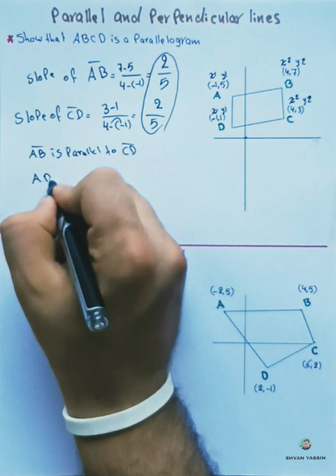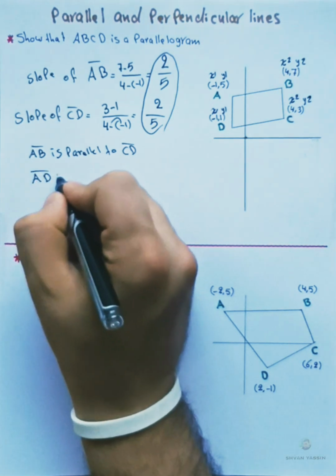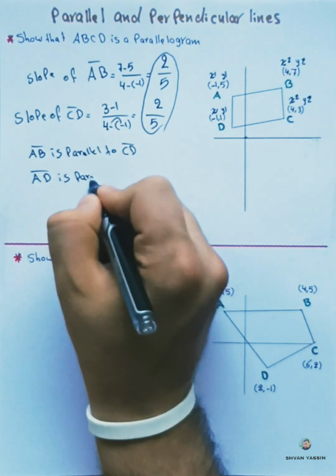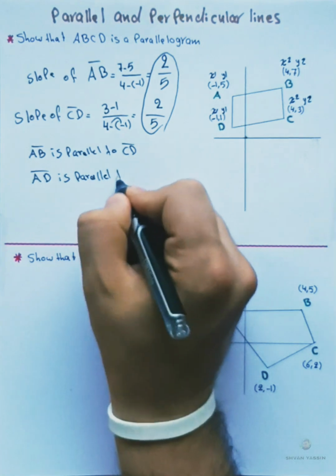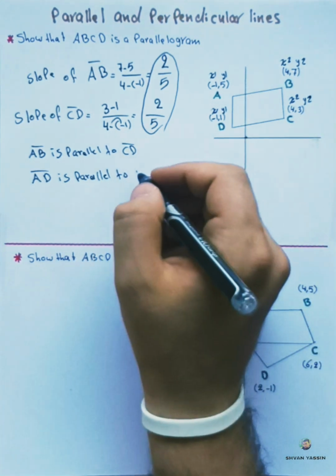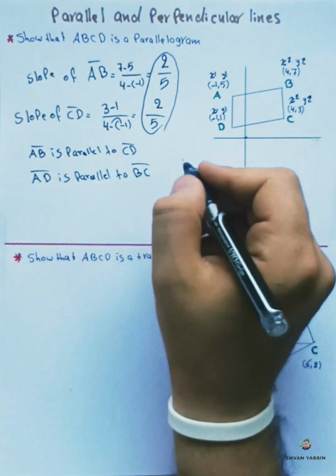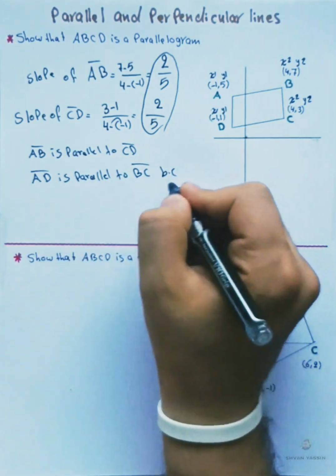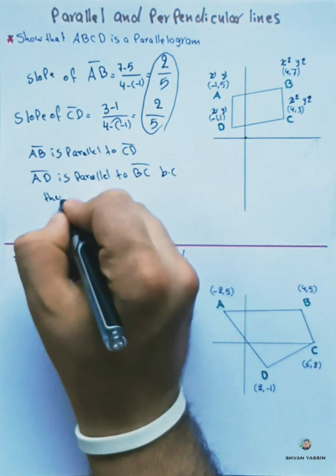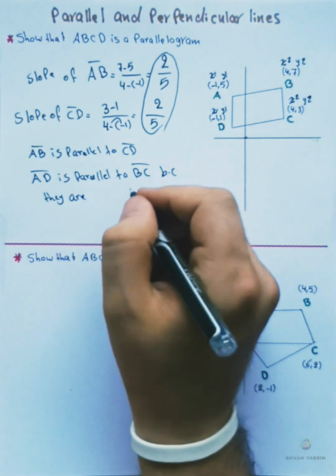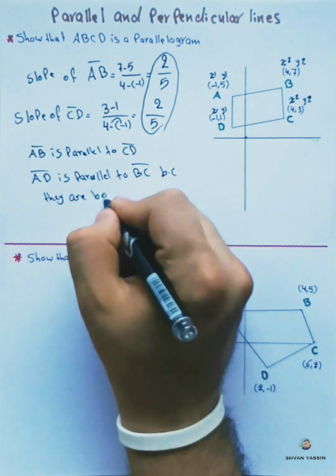So we can say AD is parallel to BC because they are both vertical lines.